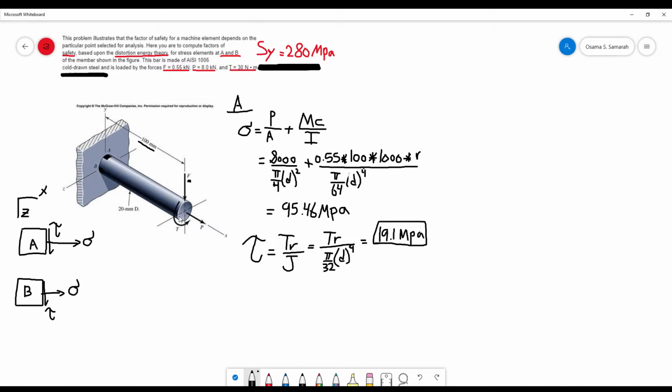Remember, do not include the transverse shear at A because it's on the outer edge of the bar. So that's for point A.